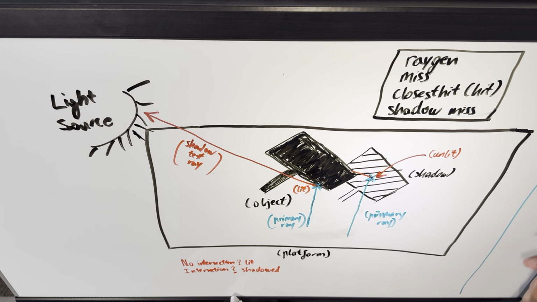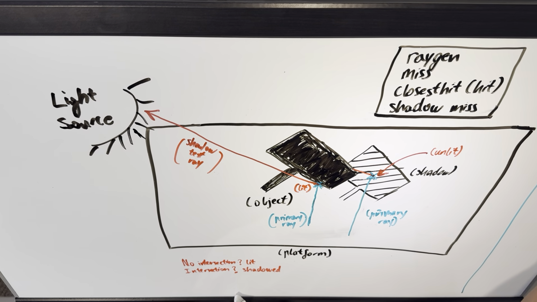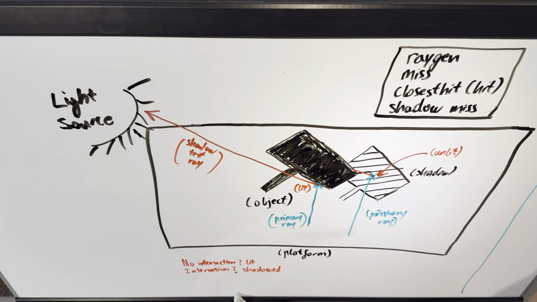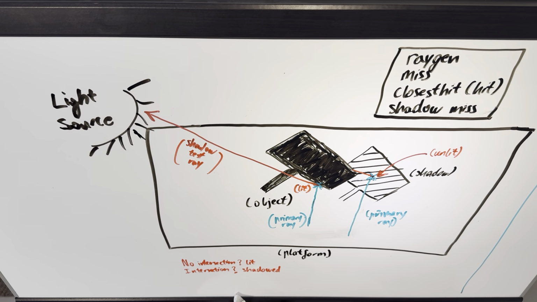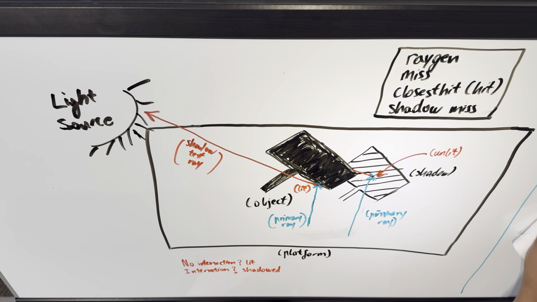I'll just do it down here, right? It doesn't intersect anything, right? So because it doesn't intersect anything, that's where the miss shader comes in. So the miss shader basically takes care of that one.